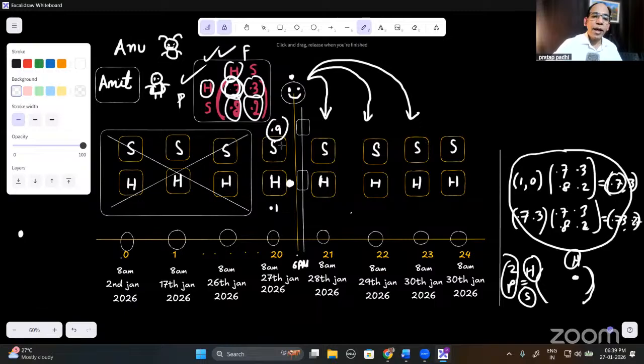Say Amit says, sir, I don't know exactly whether she was happy or not today; I saw from a distance but felt she was sad. So I can say sad with 90% probability and H with 0.1 probability. Then you have to use matrix multiplication; you can't use P squared. You have to multiply these probabilities 0.1, 0.9 and go on multiplying. There, P squared, P power 3, P power 4 will not be useful.